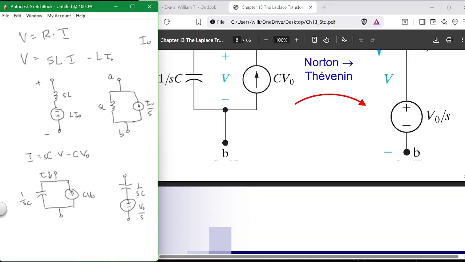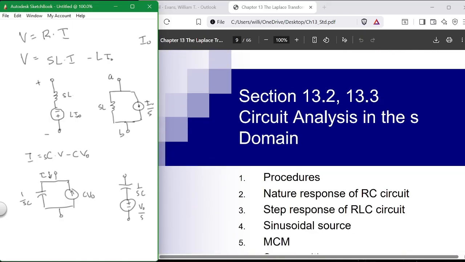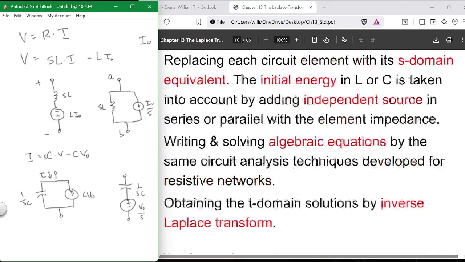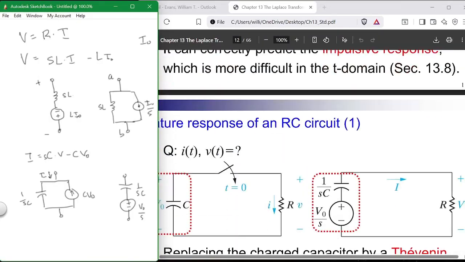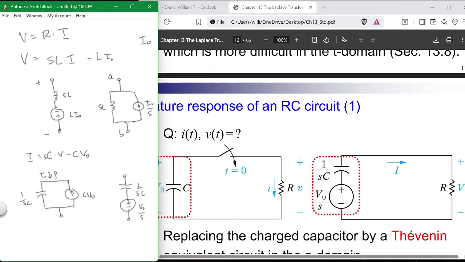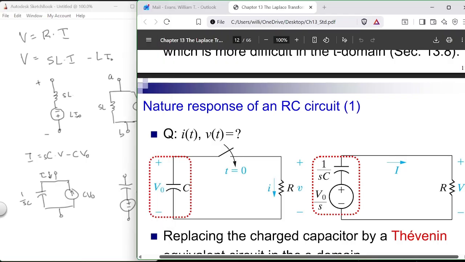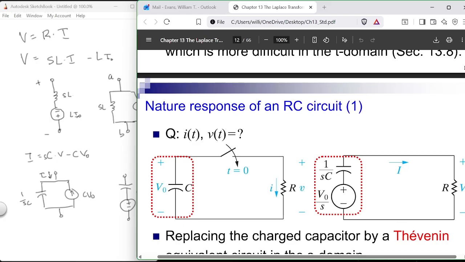Okay, so now, are you thoroughly confused? When you see a capacitor that has a pre-voltage on it, what's its I going to be? It's going to be this, right?